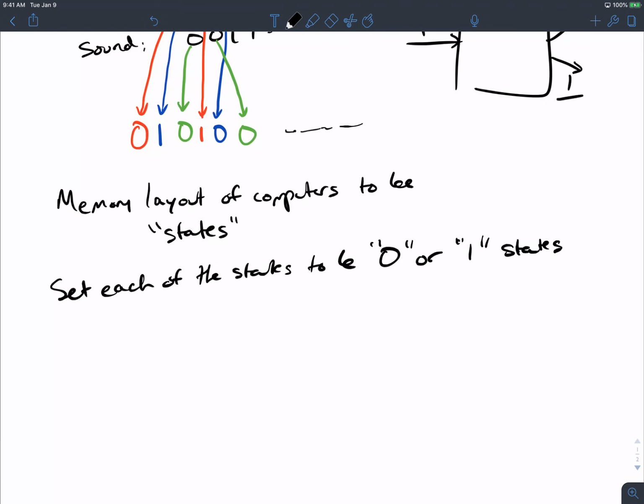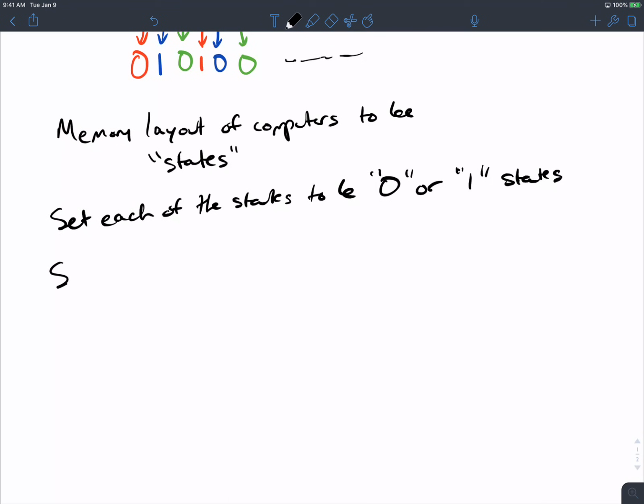Yes, every single time. So we've got to identify one of the states to start with. So we've got to set one of the states to be a start state. So there's one state that is going to be labeled as a start state, and every state that we're going to look at is either going to be a no state or a yes state.